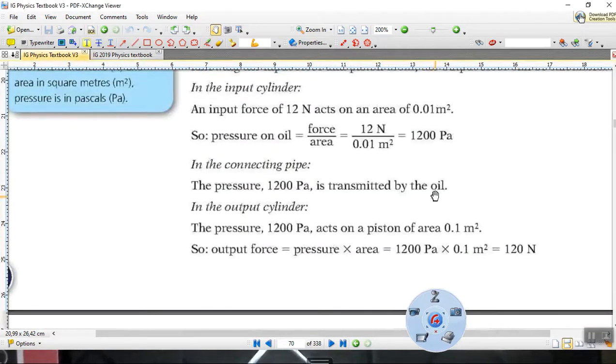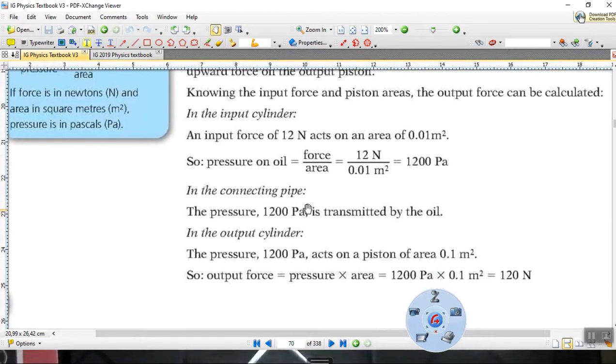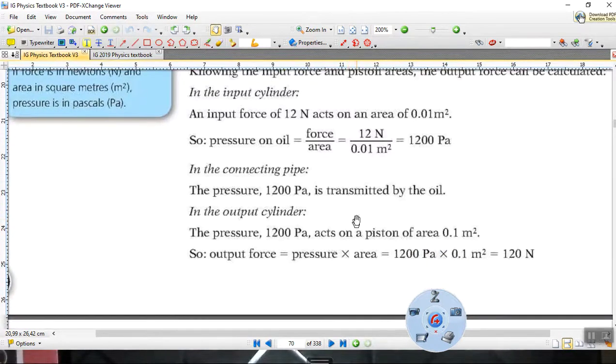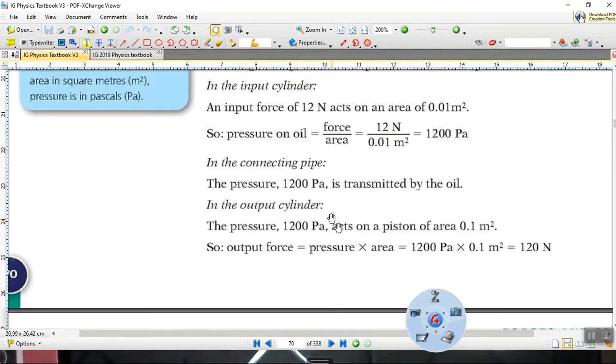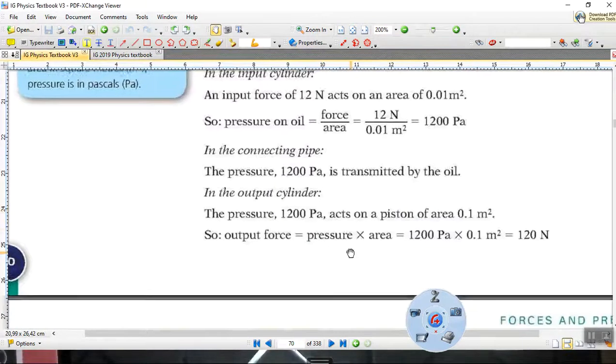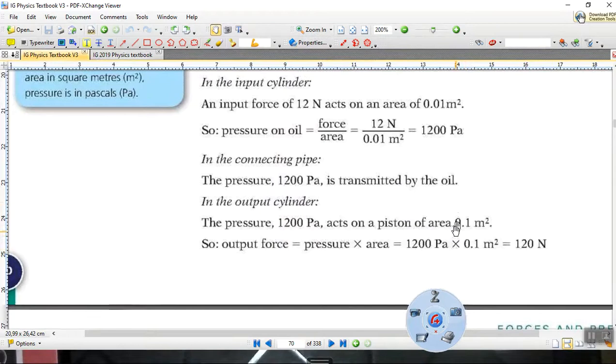So here in the textbook they do explain an example like that. They say that you've applied 12 Newton to an area of 0.01, which equals 1,200 Pascal. Now the pressure is the same everywhere, so on the output, the side of the tire, the same 1,200 Pascal acts. We have a bigger area, so therefore we have a bigger force.